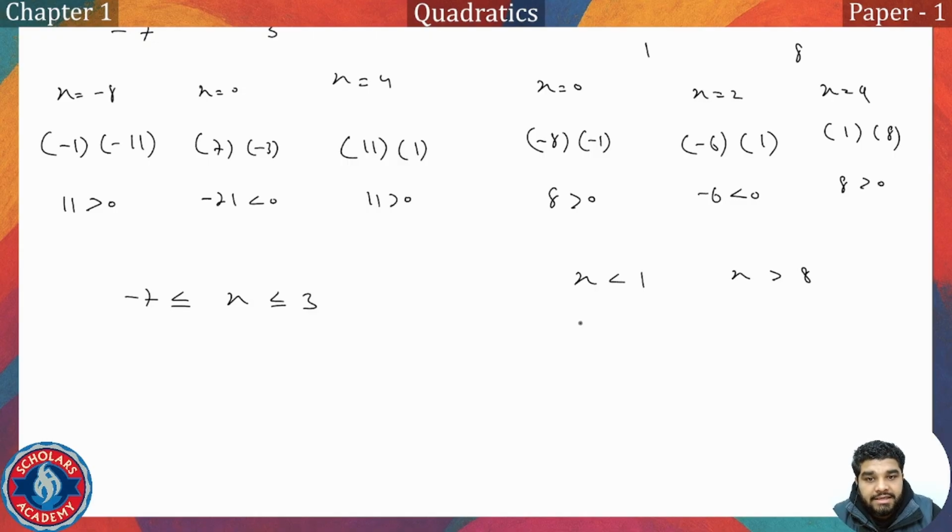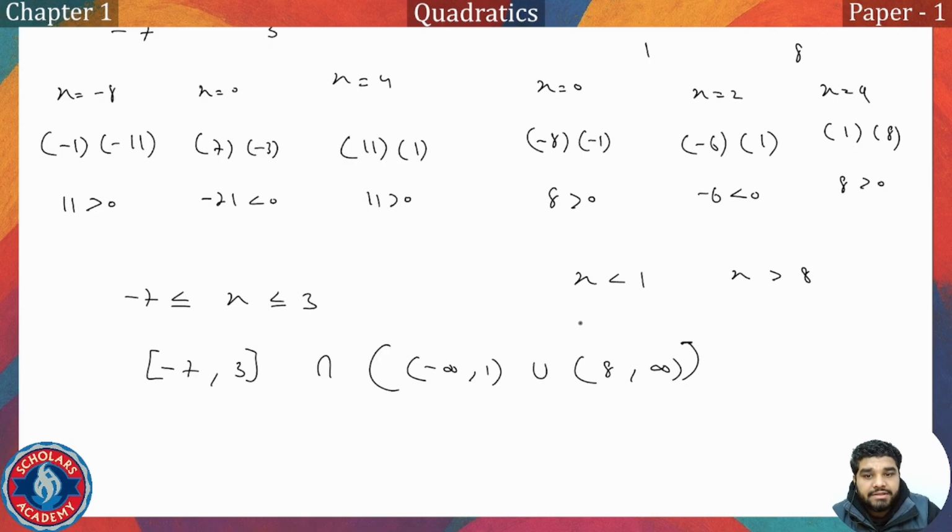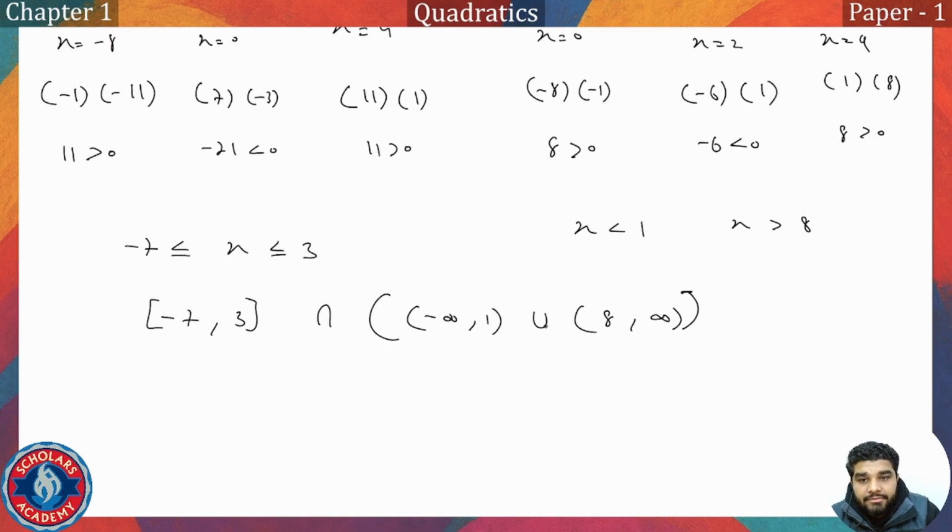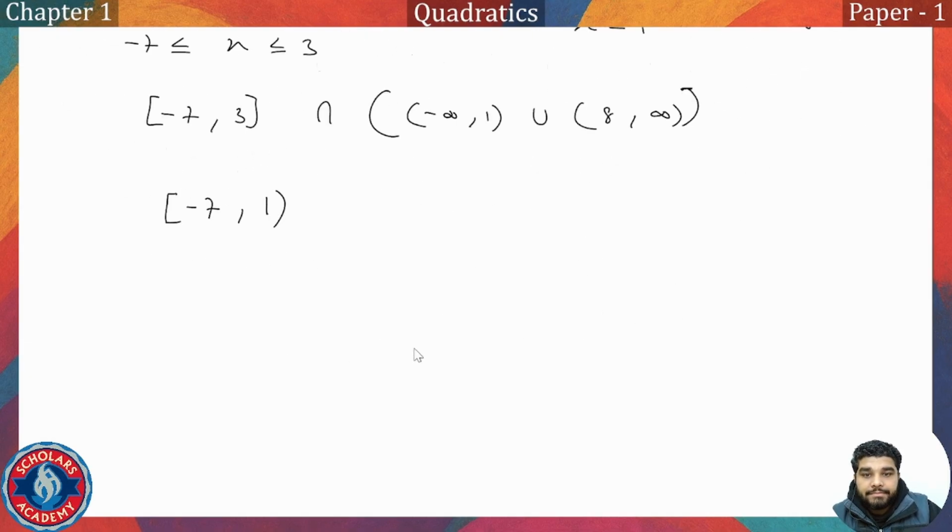So if I check the intersection of both the intervals, negative 7 to 3 gets intersected with when we take negative infinity to 1 and 8 comma infinity. So if I check the intersection, what I get is from negative 7 up till 1. So this is our region where we get the values of x which satisfy both the inequalities. Okay, so this is the common interval. All right, let's move forward.